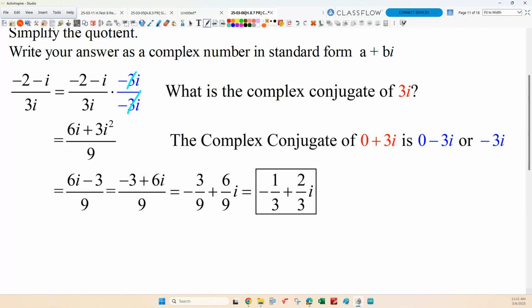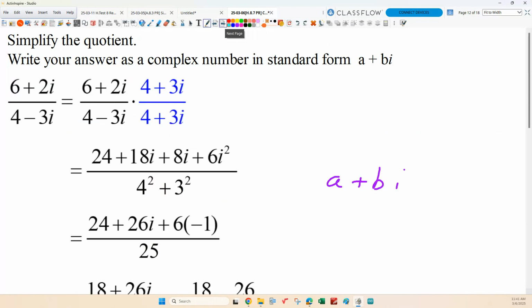So that would have been our most efficient way to do that. If the denominator is a monomial like that, just pick the easiest way to do it, right? If it's a binomial, like the more complicated case, then you have to multiply by the whole complex conjugate, top and bottom, okay? How are we doing on this so far? Is this all making sense? Okay. All right.